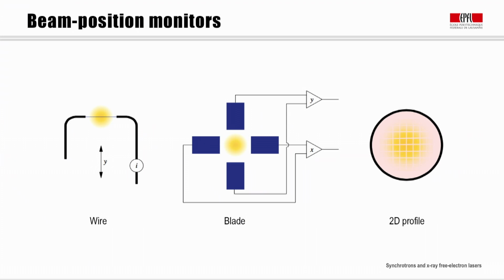Lastly, a more modern approach is to use thin transparent windows, often diamond, coated with an array of ultra-thin metallic pads. This delivers not only directly the beam position, but also the profile of the beam.